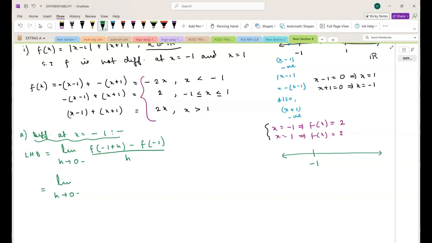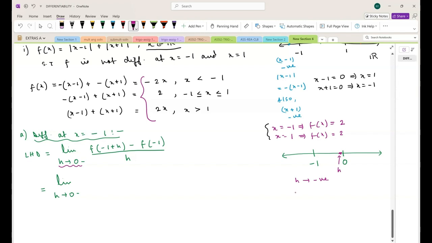Now, listen carefully. This is very important: h approaches 0 from the left. So where is my h? I have to write the 0 also. Here it is 0. So h is approaching 0 from the left, so h is somewhere here. That means h is very, very close to 0, but on the left side of 0. That means my h is negative.